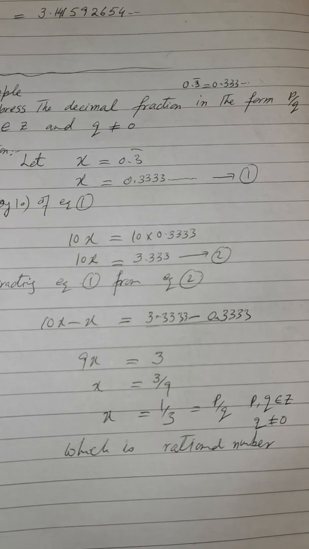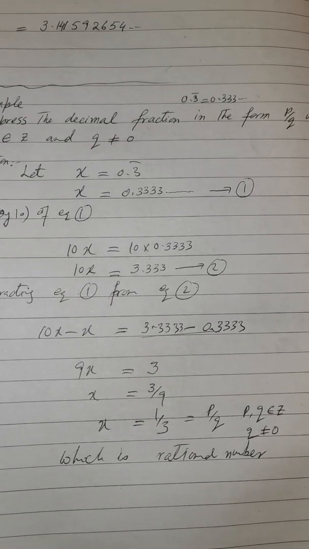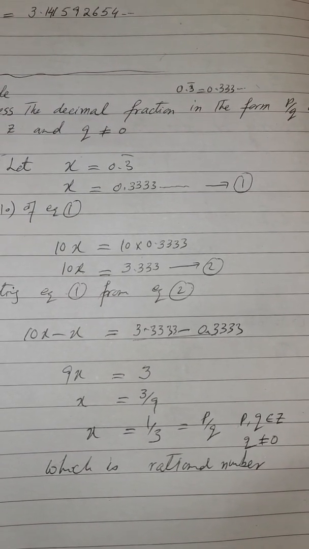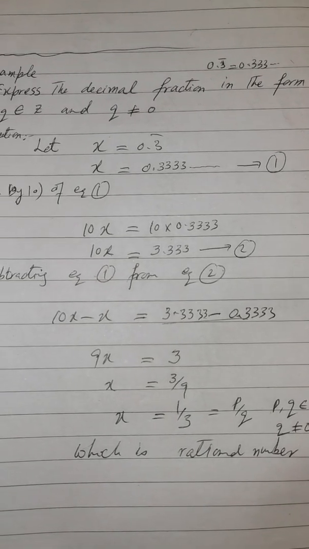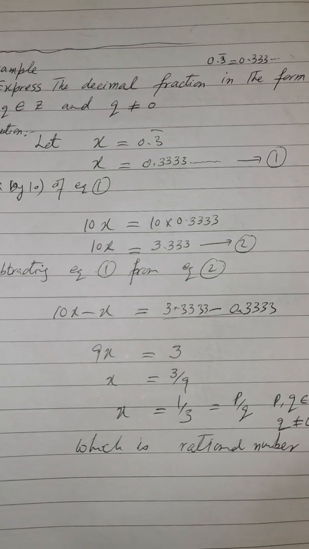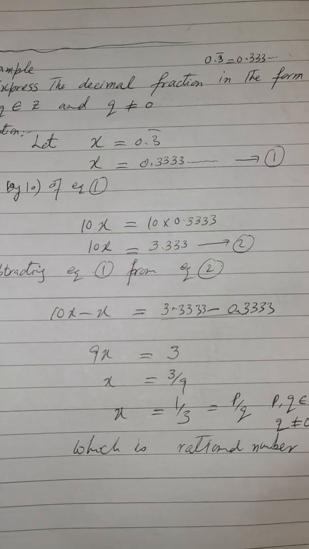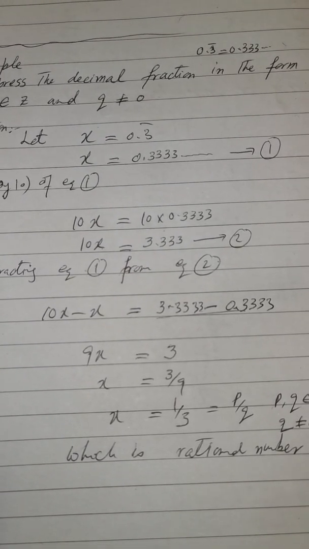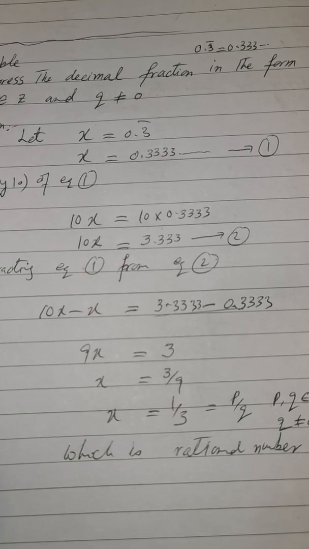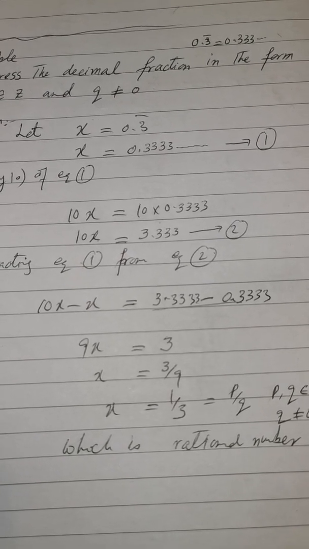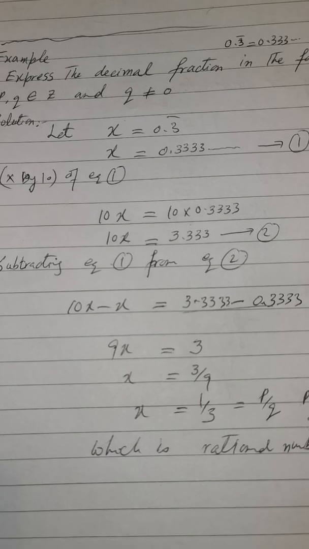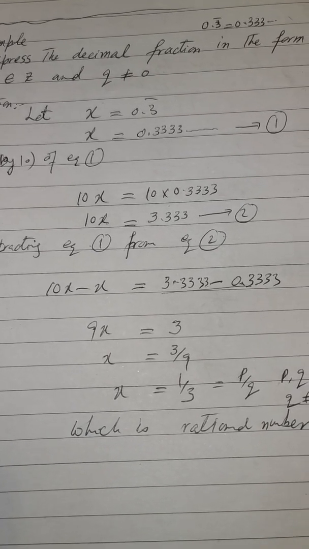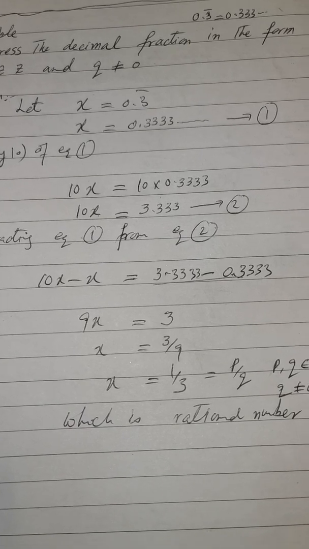They can ask you a different question. They can ask you 0.23 bar, where 23 repeats itself, and similarly you will do it like that. You will suppose x is equal to 0.23 bar, and then you can write x is equal to 0.232323, and so on. Name this as equation 1, multiply this by 10, and then subtract one equation from the other.